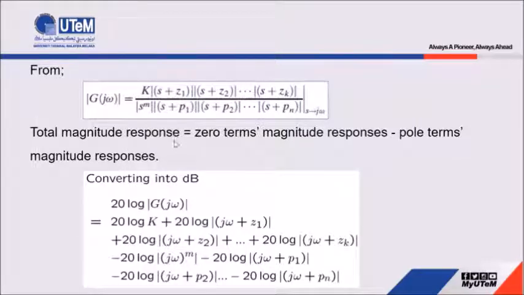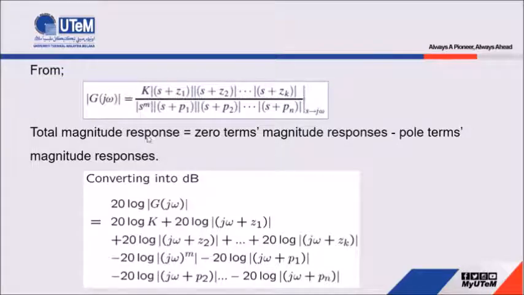In order to do that, we have to convert all of this into decibel using the formula 20 log magnitude of j omega. So for K, we put 20 log K, plus 20 log magnitude of this term, plus 20 log magnitude of the next term, up to the end of the zero terms.